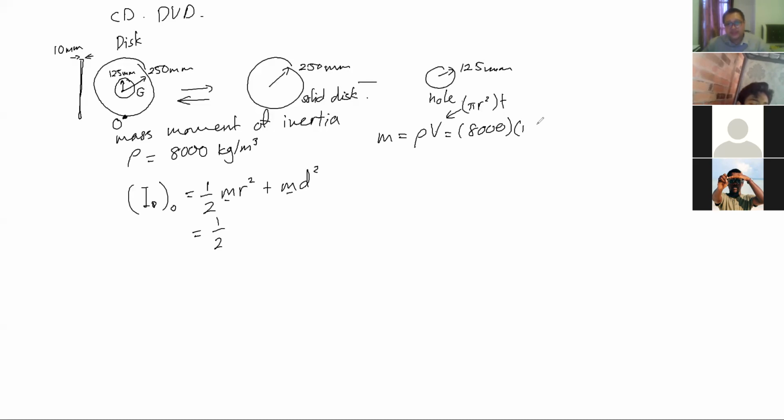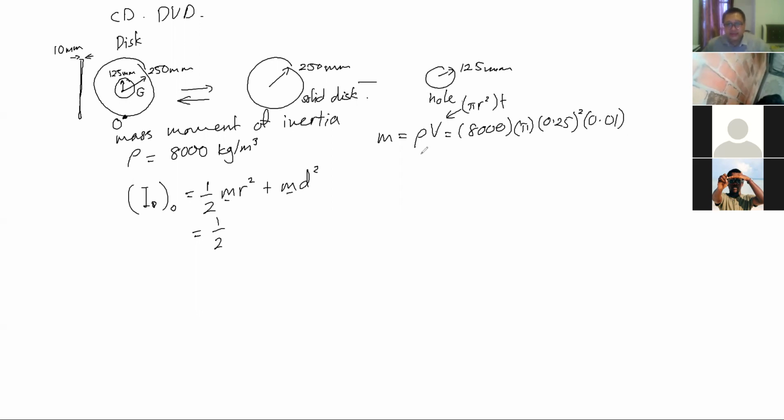So it's going to be pi times r, which is 250 mm equal to 0.25 meter, squared, and the thickness is 0.01, because it is 10 millimeter.